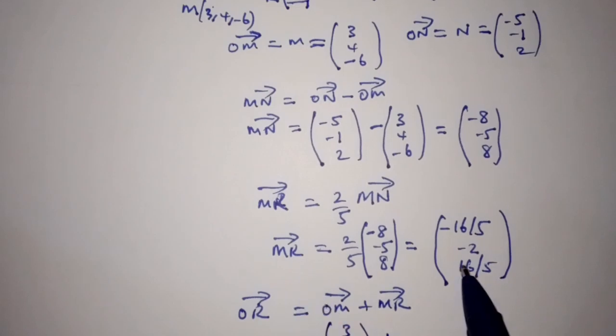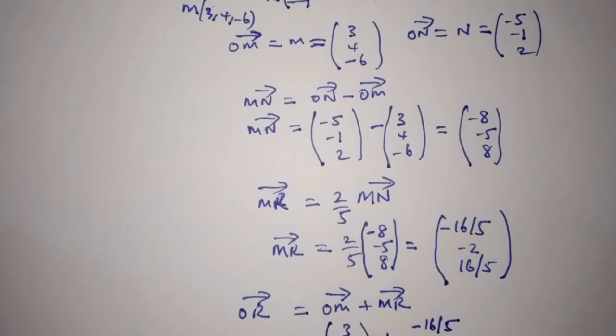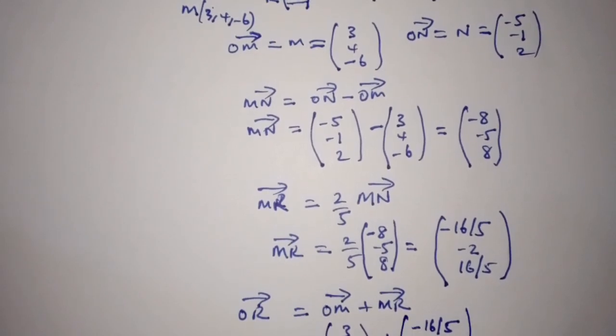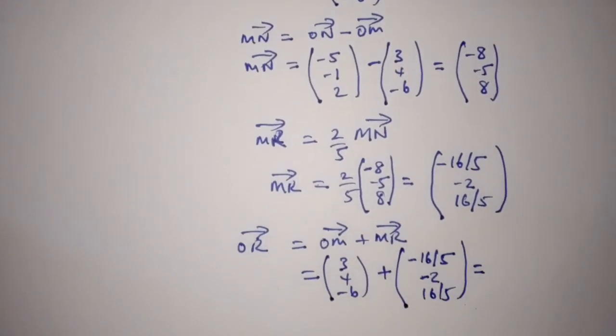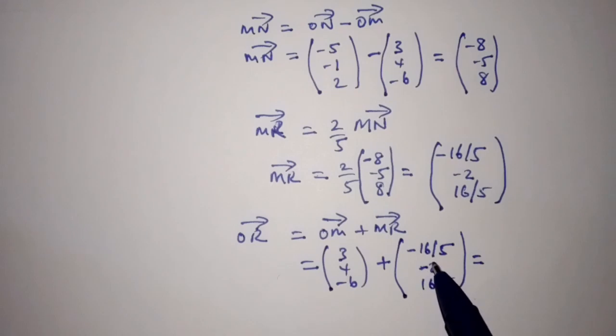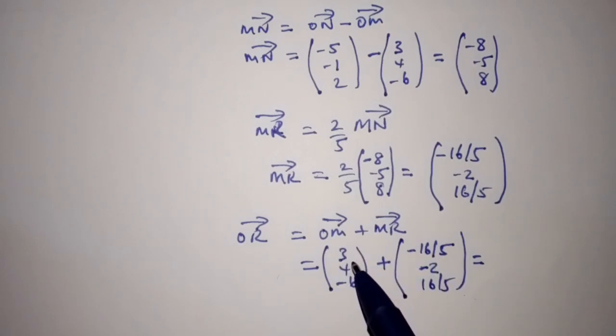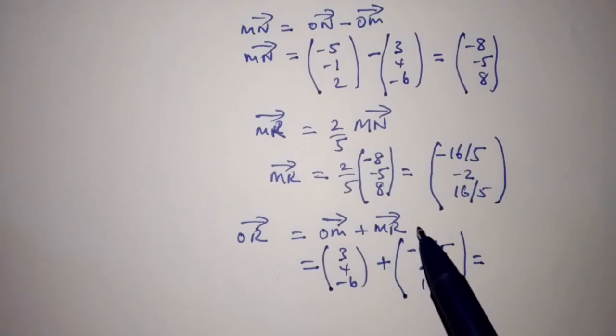Vector MR here is (-16/5, -2, 16/5). Vector OM is (3, 4, -6) and vector MR is (-16/5, -2, 16/5).